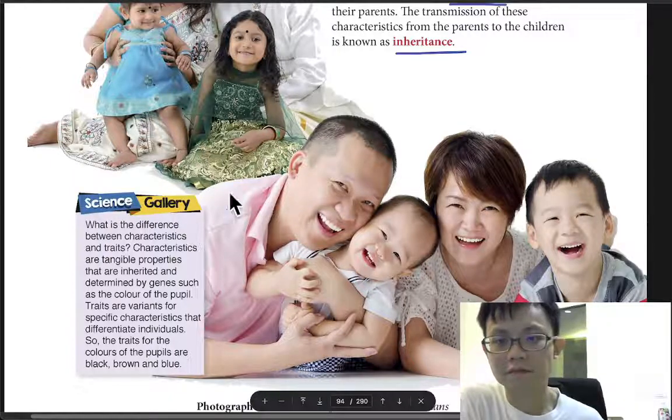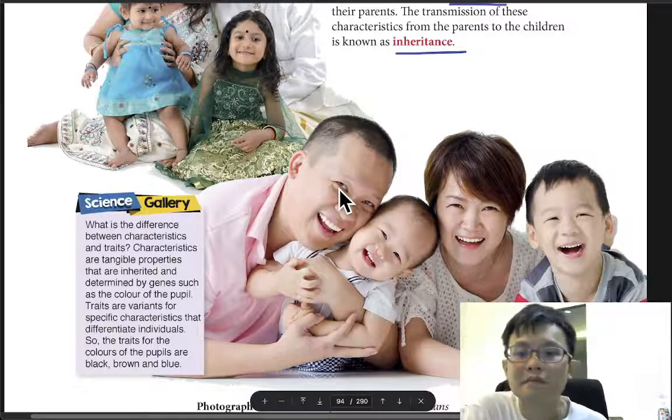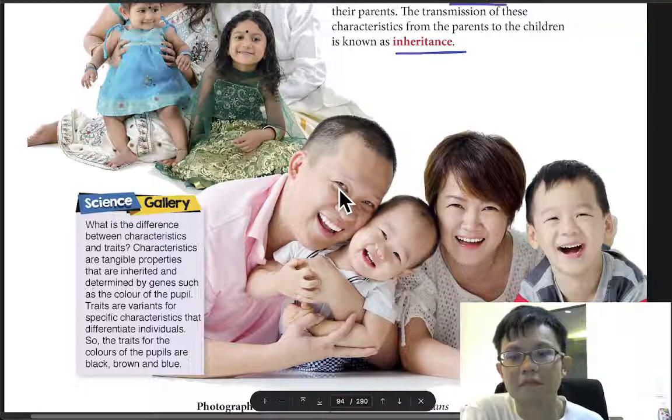Characteristics are tangible properties that are inherited and determined by genes, such as the color of the pupil.